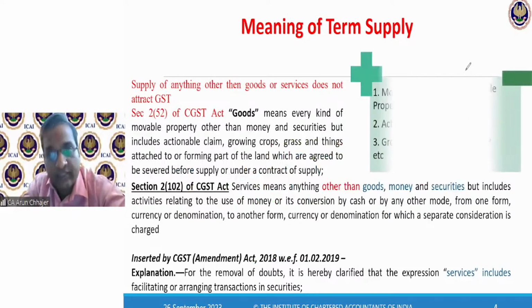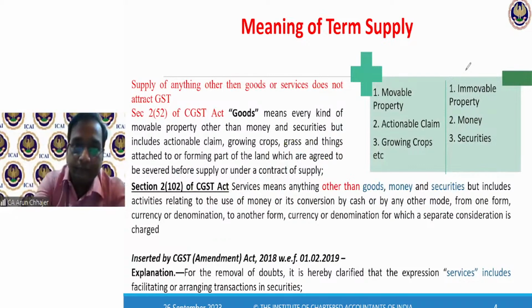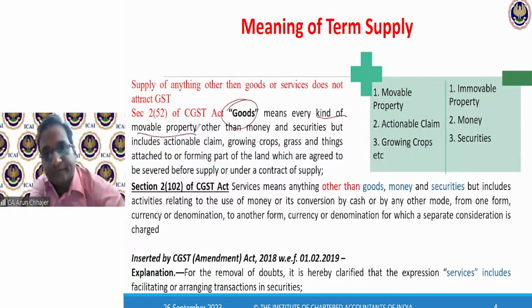Read the definition once again. Goods means every kind of movable property. Stop.